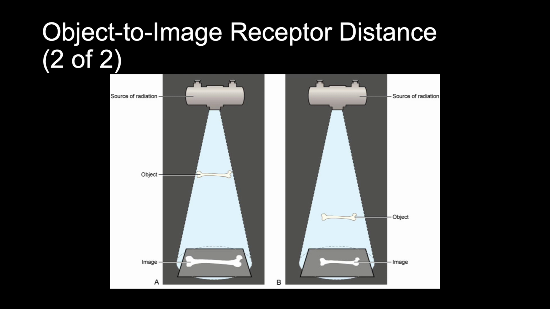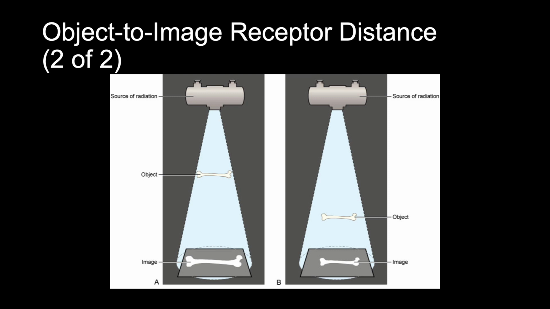Looking at A, the image is larger than in B because the object is farther from the image receptor. In image A, you can see the X-ray tube, the X-ray beam coming down, and then a lot of OID from the object to the image receptor.